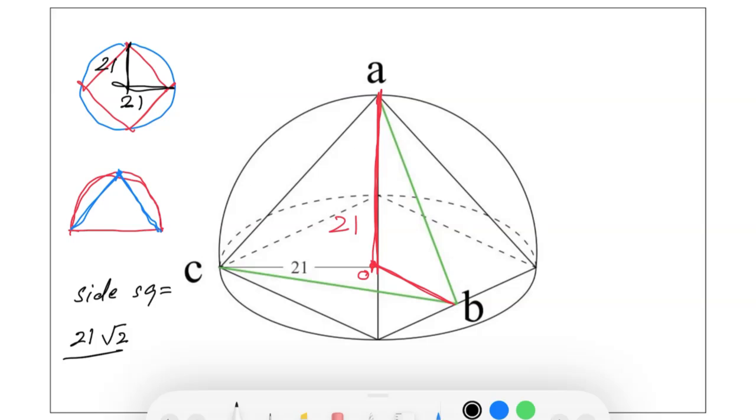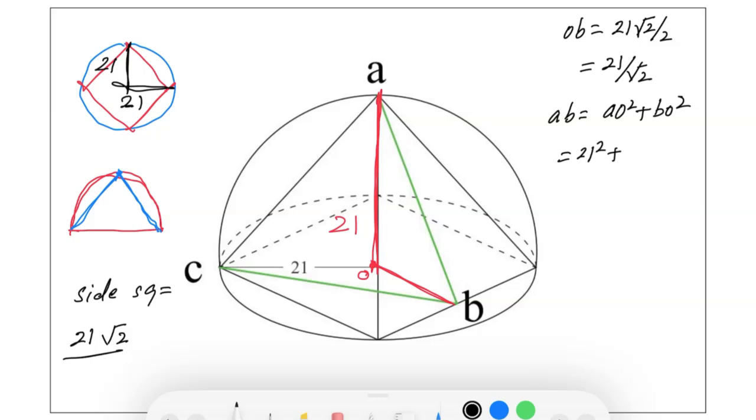So OB will be half of a square side. Therefore, it is going to be 21 root 2 by 2, and that is going to be 21 by root 2. So now AB square equals AO square plus BO square, and that is nothing but 21 square plus 21 by root 2 whole square.